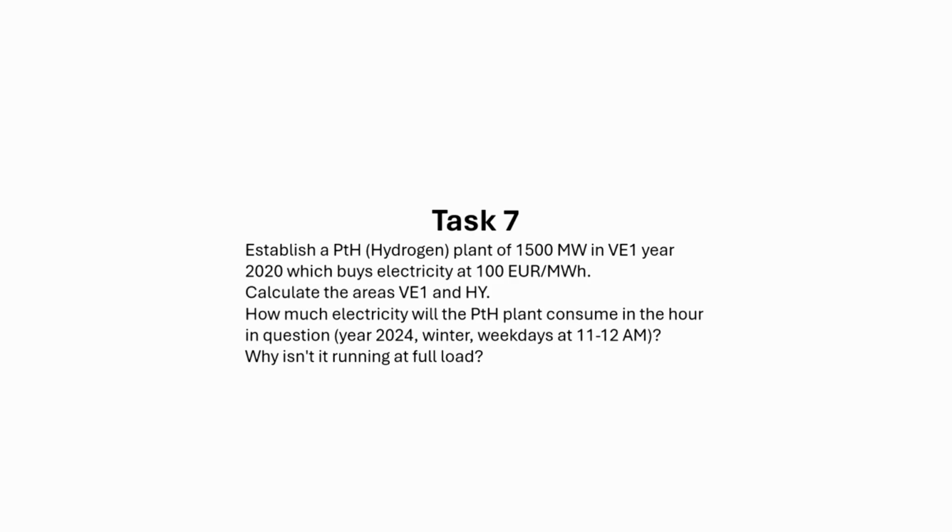Then we should calculate area prices in V1 and HY. Then we should calculate how much electricity the Power to X plant will consume in that hour. And the hour in question is in year 2024, it's a weekday winter between 11 and 12 a.m. And then we should explain why it is not running at full load.